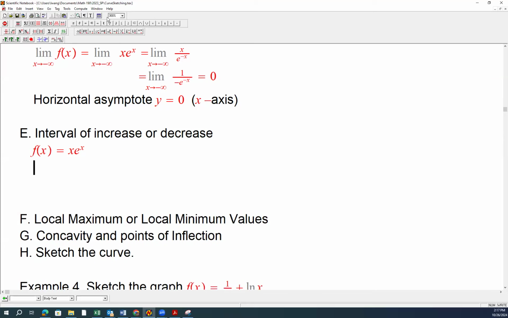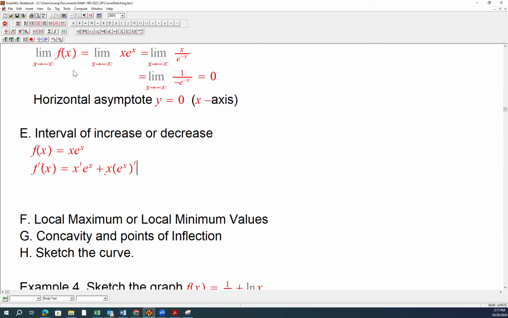And the derivative of this function, we're going to apply the product rule. Okay, so f prime is the derivative of x times e to the power x, plus x times the derivative of e to the power x.